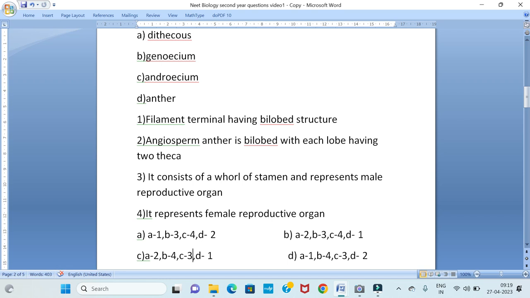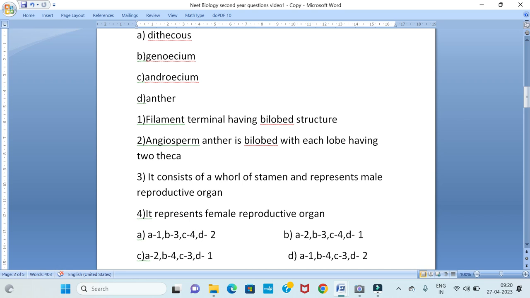Di means I am taking bi. Bi means two. Bilobed with each lobe having two theca is called dithecus.